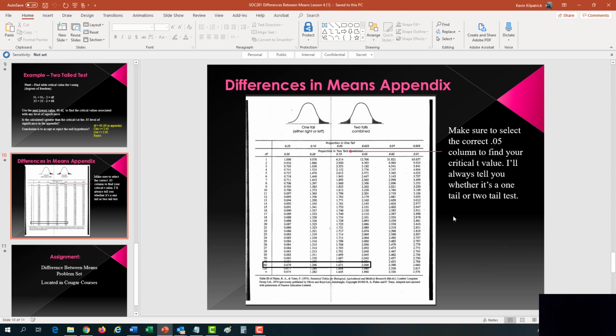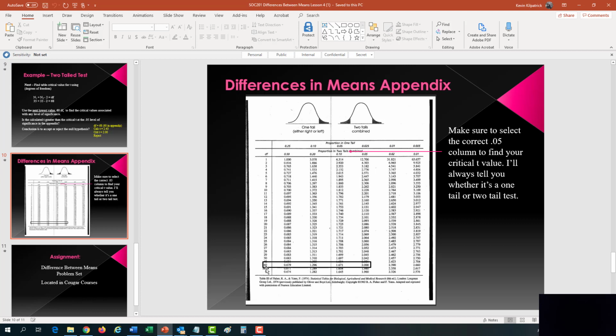Now let's look at it. Here's the appendix that you're going to open up anytime you do one of these problems. And remember what I said. You may have a one-tail problem or you may have a two-tail problem. In this case, we have a two-tailed problem, so we're going to look for 0.05 here. Look up here in one tail. It's over here, and you're going to use this column. But for a two-tailed problem, here is 0.05, and we're going to use this column.